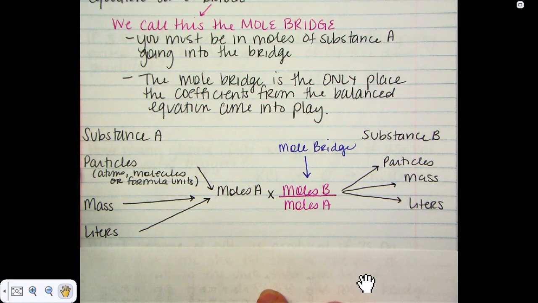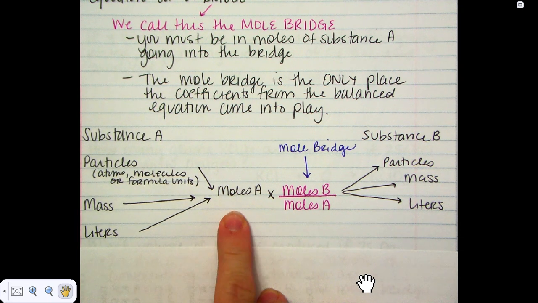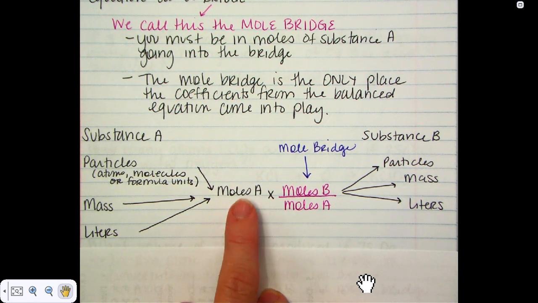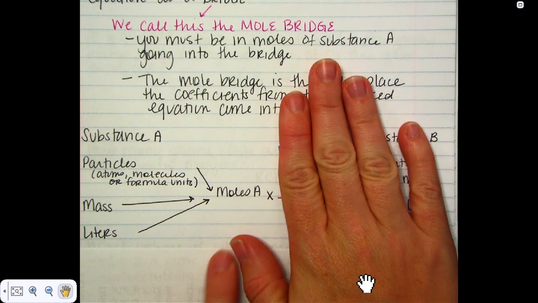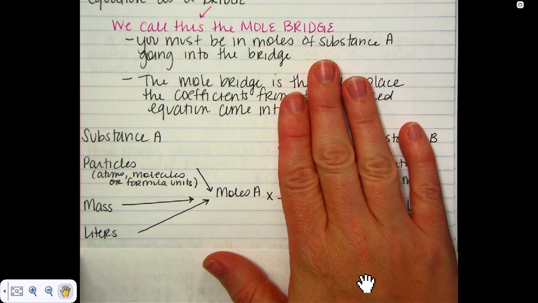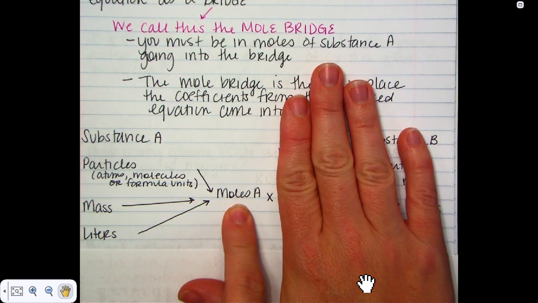But if you are in any of the particles, atoms, molecules, or formula units, mass, or liters, the very first step you have to do is convert to moles. Because again, in order for the units to cancel appropriately, you have to be in moles before you go into this mole bridge step. So if you are in any of these things, you're going to do the compound stoichiometry steps that allow you to get to moles.